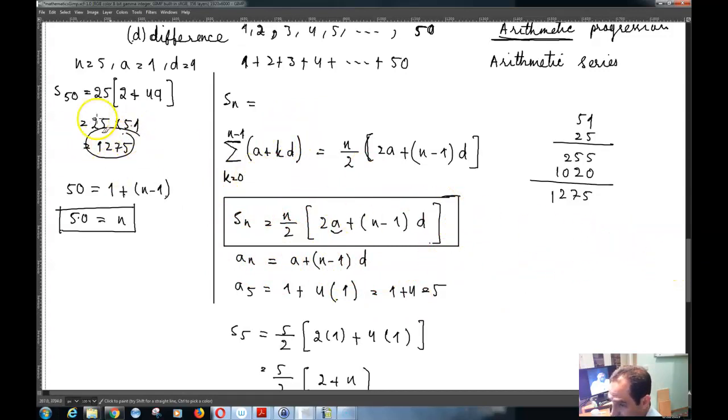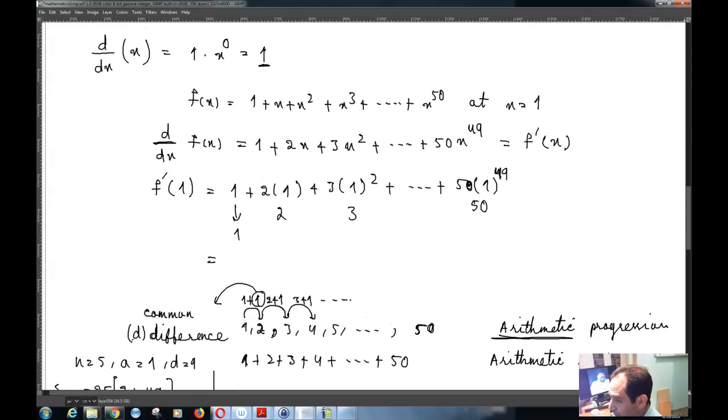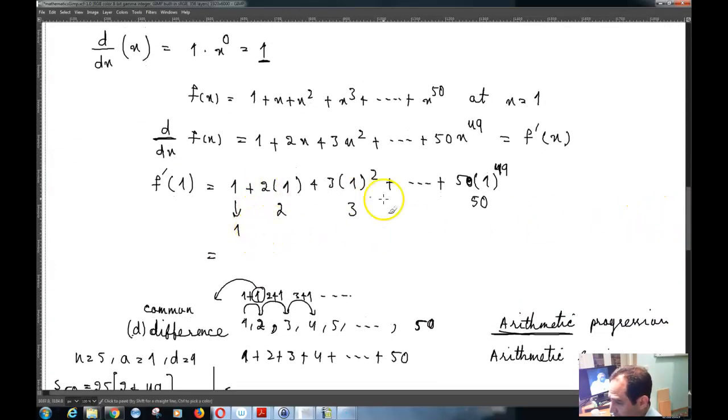So now the sum of all of these numbers is 1275, and that must be the answer over here. 1275 exactly. Okay, so that is that.